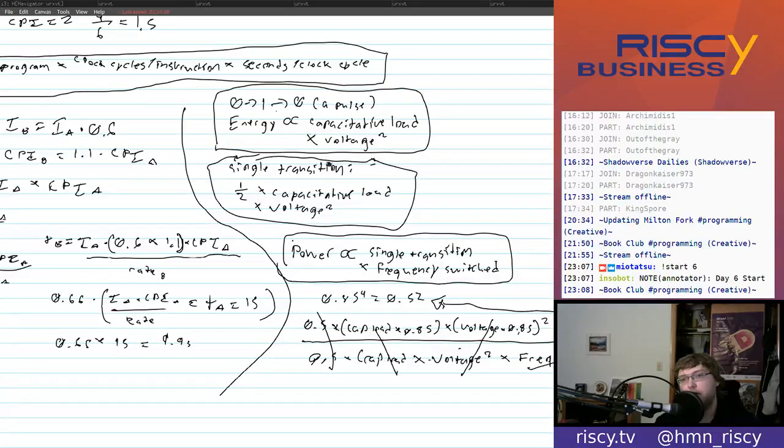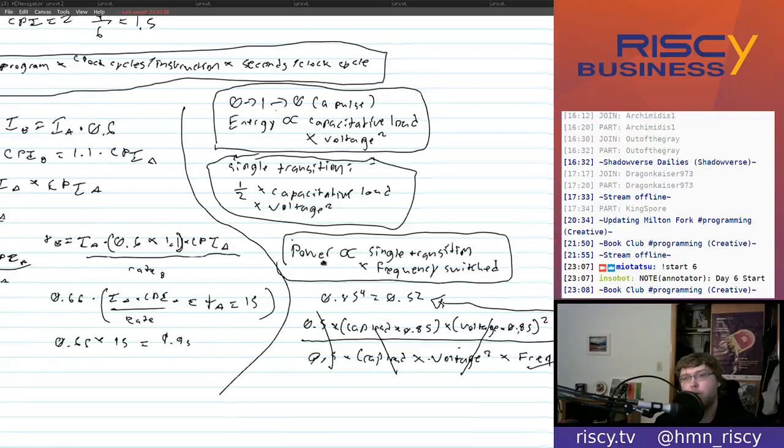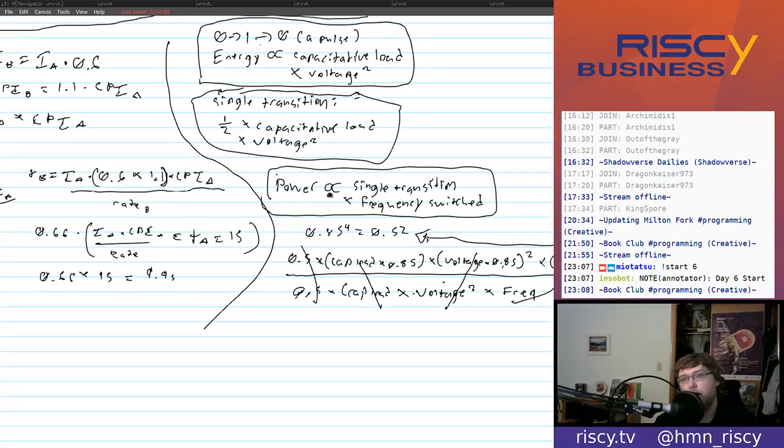So for a single transition, it's just half that. And so we say power is single transition times the frequency switched. But that doesn't really relate to the benchmark here. So we can't really run the numbers like we did with the last one. So let's continue reading then.